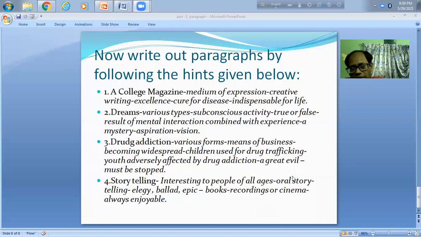Likewise, frustrated children belonging to lower families or the lower class fall victim to drug addiction. They do have another additional problem. They don't have enough money to fulfill their basic needs.